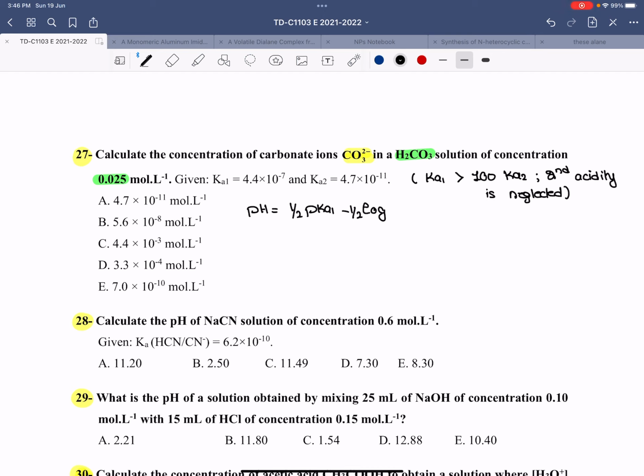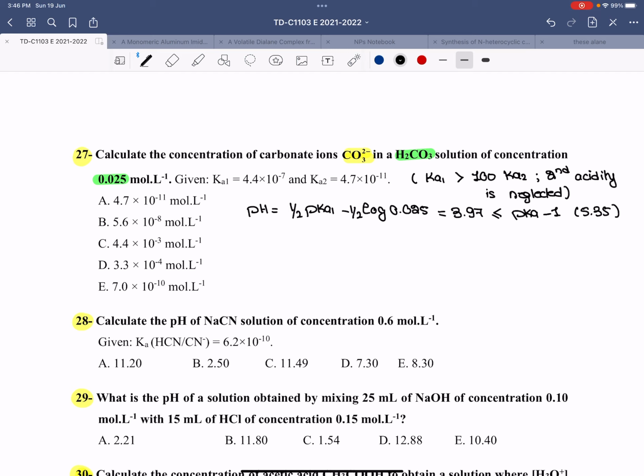Make sure that the volume did not change. It did not change. So that's 0.025. This will be equal to 3.97. Is it less or equal than pKa minus 1? Minus log 4.4 times 10 to the power negative 7 is basically 6.35, minus 1, 5.35. Yes, it's valid. You found the pH.